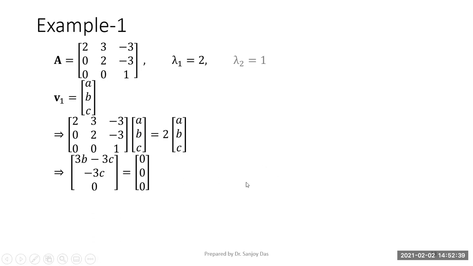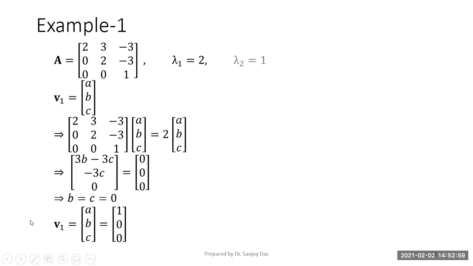Whence a, b, and c must satisfy this, which gives b equals c equals 0. Negative 3c equals 0, so c equals 0. 3b minus 0 equals 0, so b equals 0.